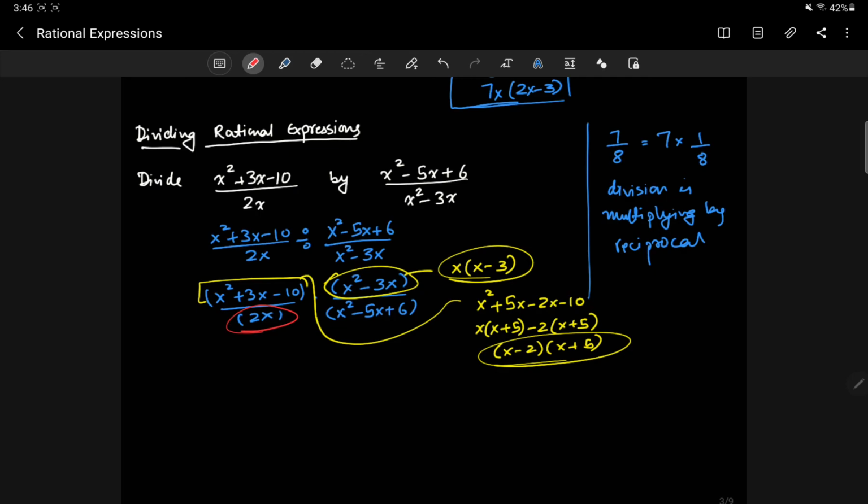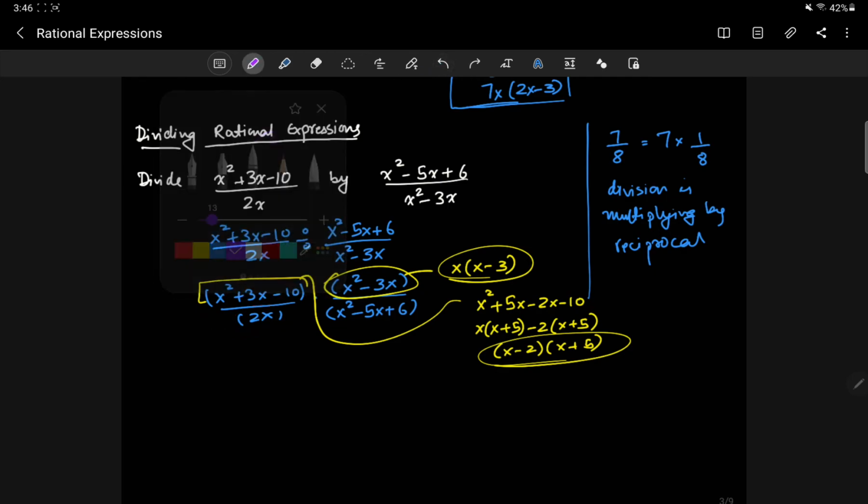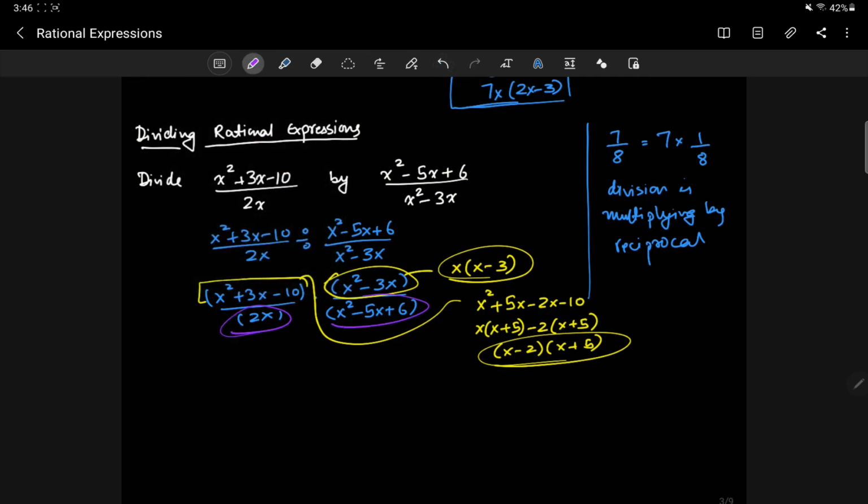This is already factored. This one here, I can go x² - 6x + x + 6, x minus 6. That is incorrect.